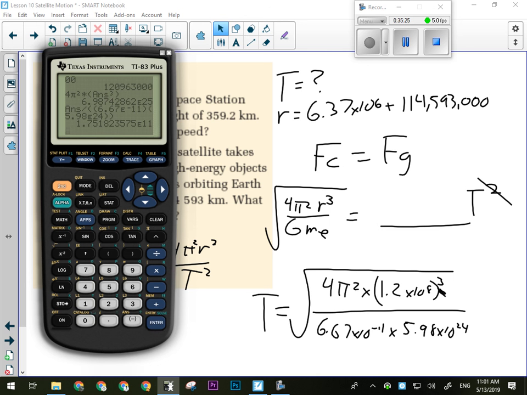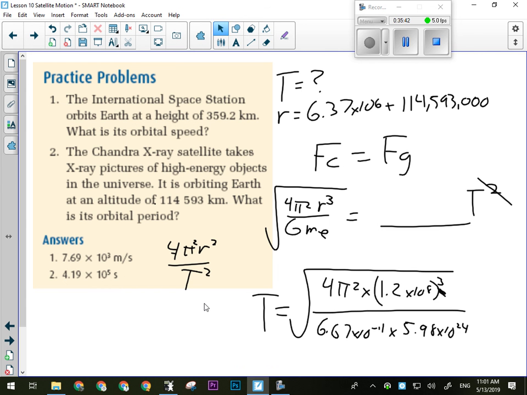And then I've got to square root that. So that is going to take 4.19 times 10 to the 5 seconds. Yeah, actually they got the same number, 4.19 times 10 to the 5 seconds.